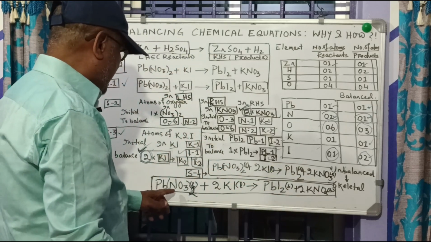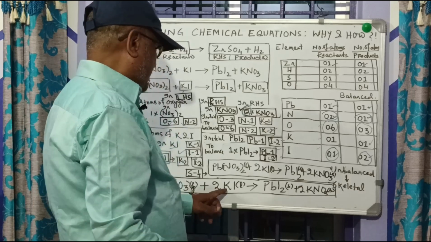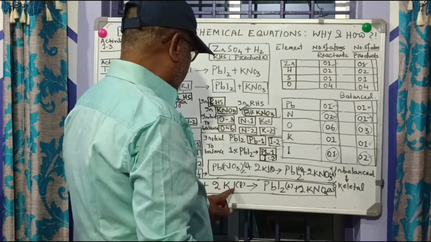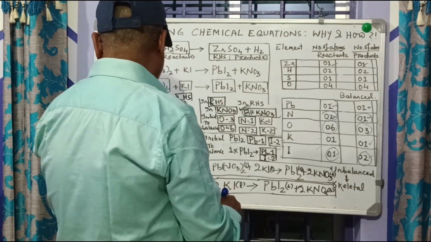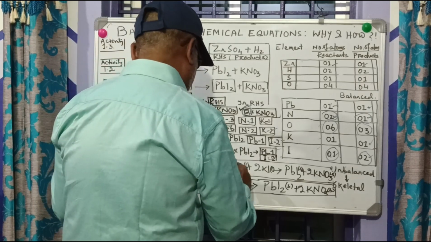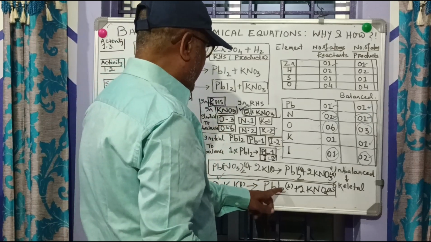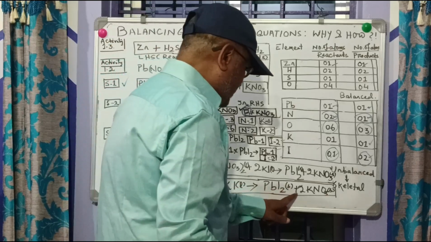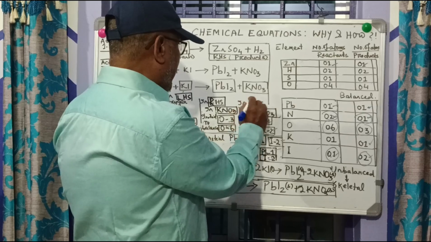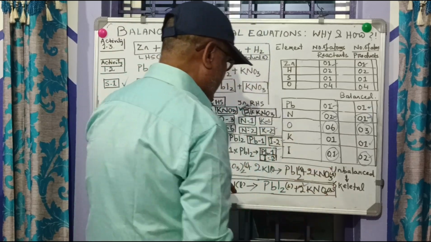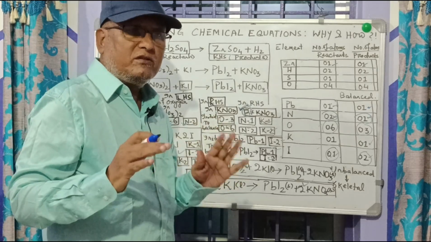That is lead nitrate Pb(NO3)2 plus potassium iodide. So 2 potassium iodide. Now you see 2 is multiplied here and 2 is multiplied. And in the products lead iodide, and plus 2 potassium nitrate. The 2 is multiplied here. So this is a balanced chemical reaction.